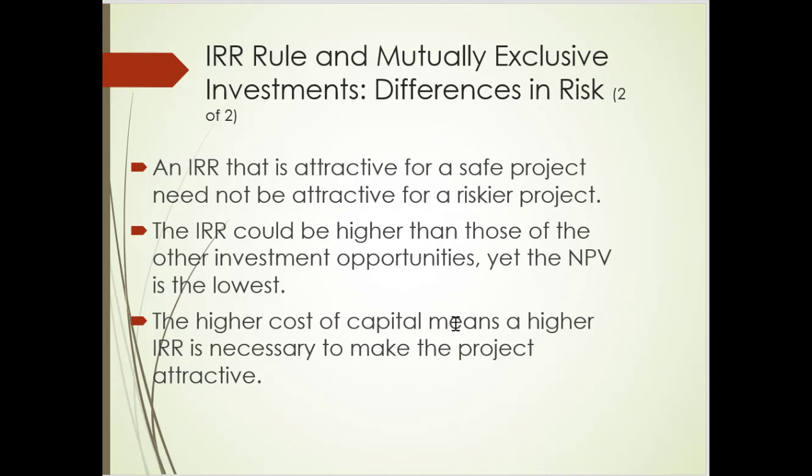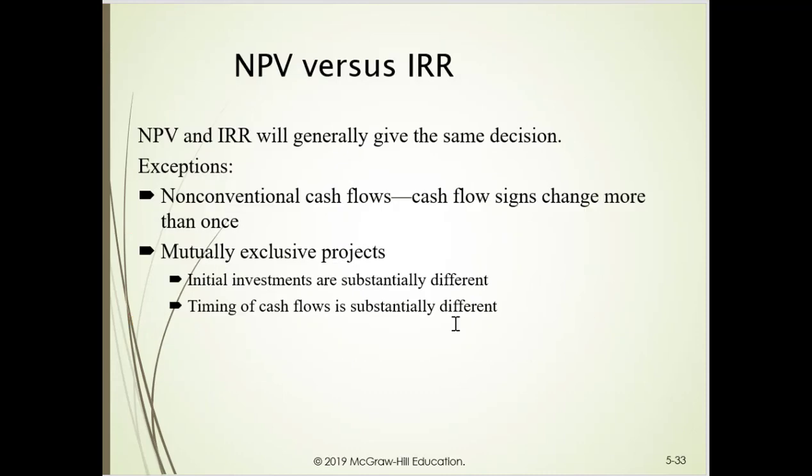And of course, as the cost of capital goes up, net present value goes down. So ultimately, there is this trade-off between the cash flows, when they occur, the risk of those cash flows, and the magnitude of those cash flows. They all have influence on the internal rate of return and the investment selection process.